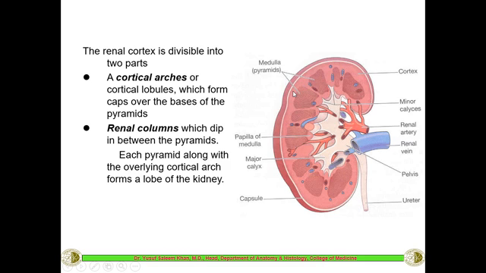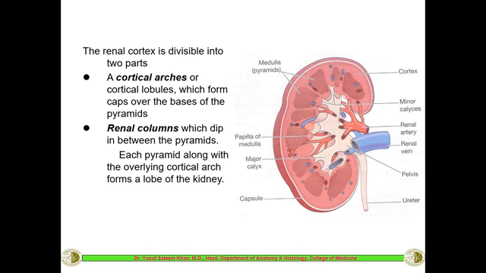These are called the cortical arches. Then in between there are the renal columns, which dip in between the pyramids. So there are the cortical arches and the renal columns.